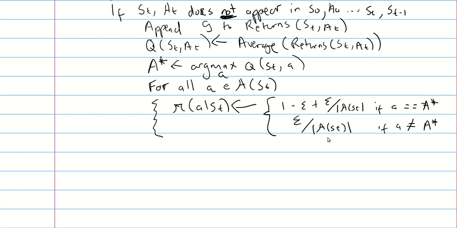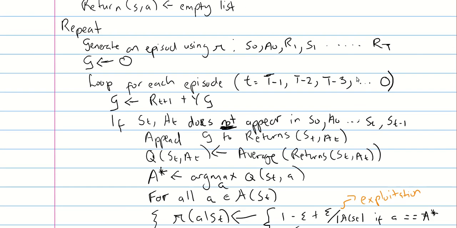This is to enable exploration, to explore other states. And this is exploitation. Why do we say it's exploitation? Because ultimately we want to act according to the optimal policy, and the optimal policy is given by a star, which is the argmax over all actions. We cannot always be exploring, which is why epsilon continues to decrease the further we go. So that should explain what this is.